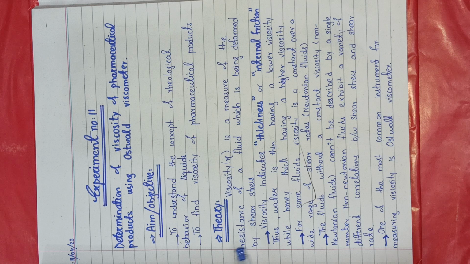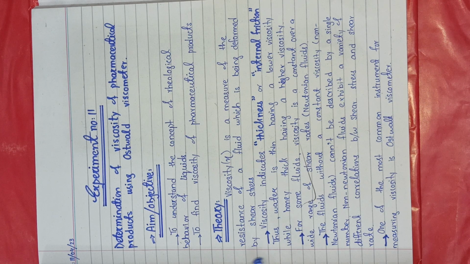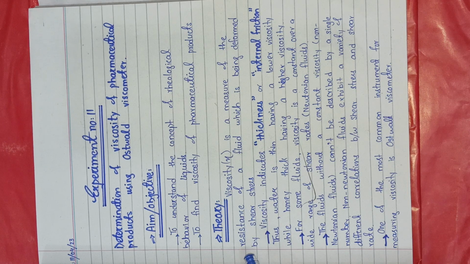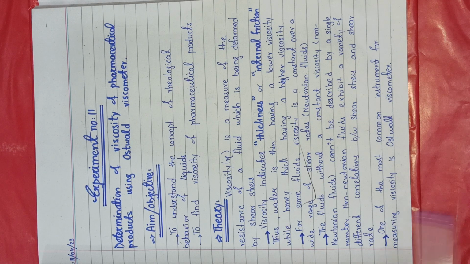Now we discuss the theory of that practical. First we are going to define what viscosity is. This is the symbol by which we denote it. Viscosity is the measure of resistance of a fluid which is being deformed by shear stress.